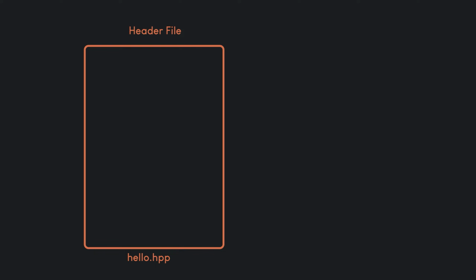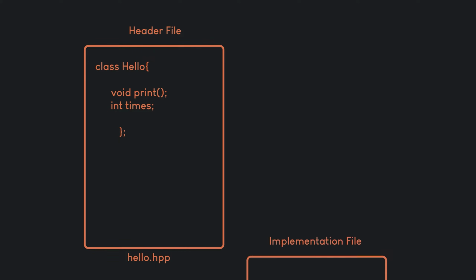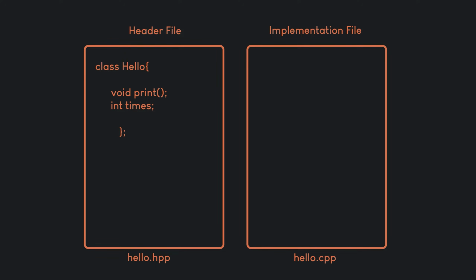The header file contains the class declaration, including the class name, member variables, and function prototypes. It serves as an interface for other parts of the program to use the class. On the other hand, the implementation file, usually with a .cpp extension, contains the actual implementation of the class functions.